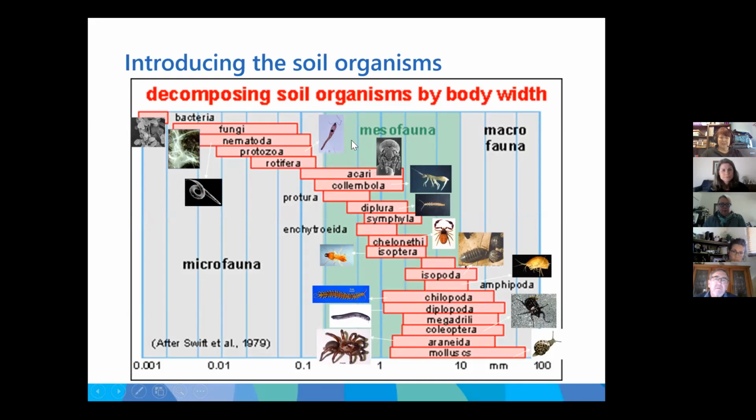And then you've got this mesofauna group, examples like the mites and Collembola, these springtails. Then you've got larger organisms like the slaters and amphipods, up to the very large organisms, so spiders and snails. So that's just a way of grouping some of these organisms by size.